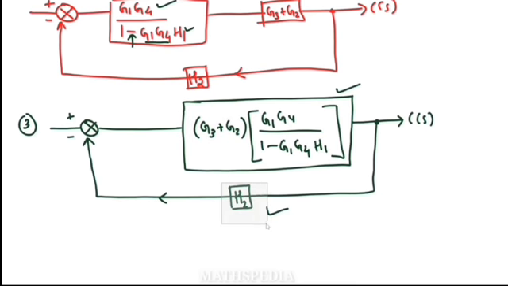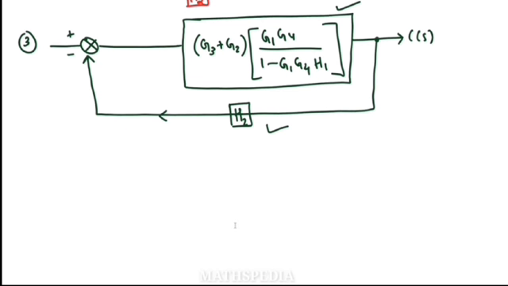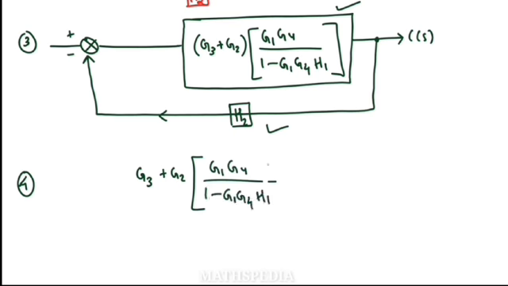Here we have to now apply the same formula of reduction to solve this block. The formula of G over 1 plus or minus GH.